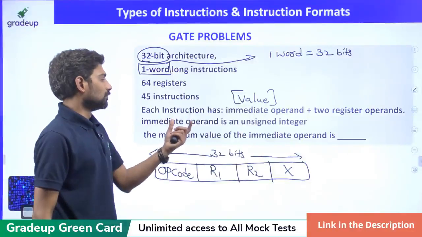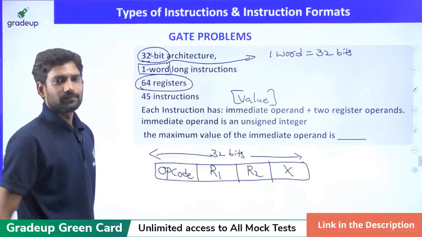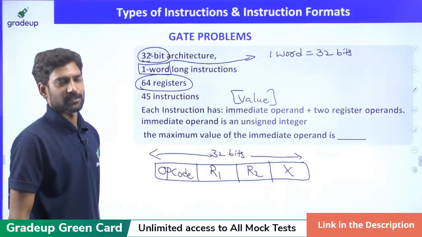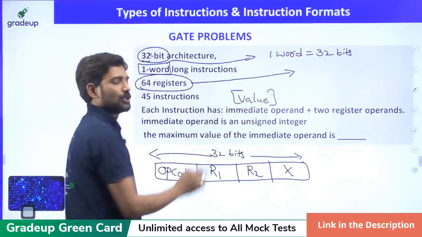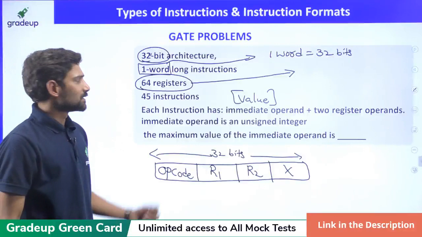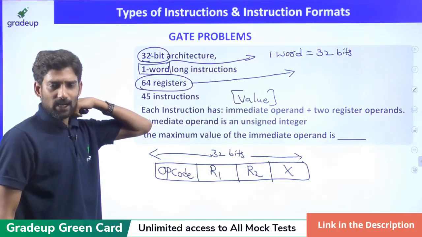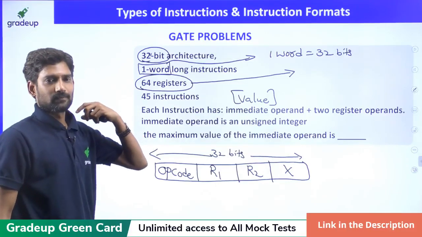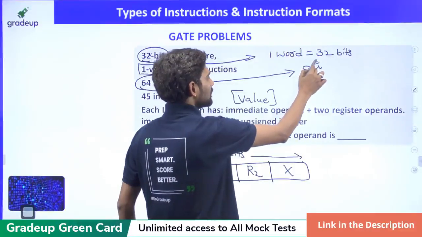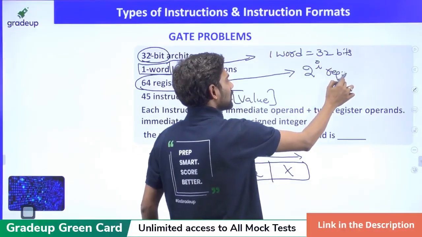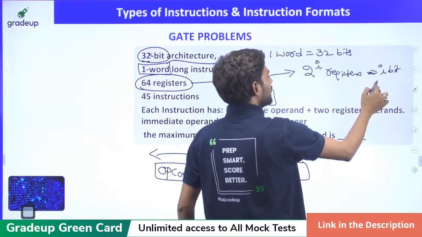Now, how many registers are there in total? There are 64 registers, so every register should be identified uniquely. That means how many bits should you allocate for every register? If there are 2^i registers, you can give an i-bit number.